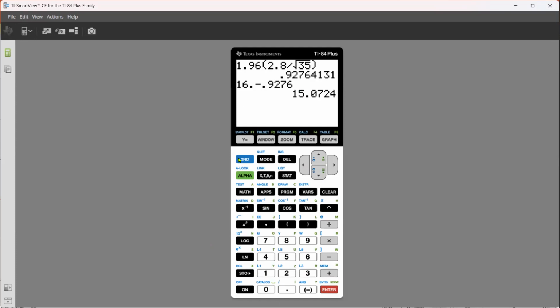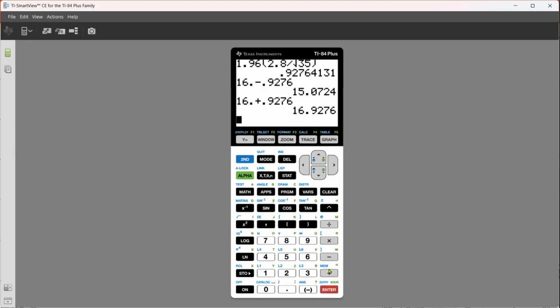You can go to second entry. Entry is above the enter key. For me it's blue; for you it might be yellow or some other color, depending on your faceplate. It'll bring back the same thing you entered. You can go back and put in a plus sign rather than retype everything. You can also retype it, but sometimes the second entry key will save you some time.